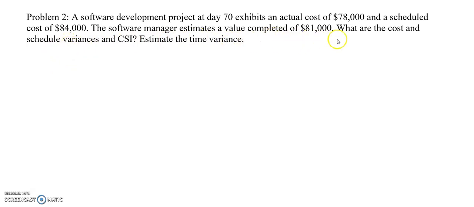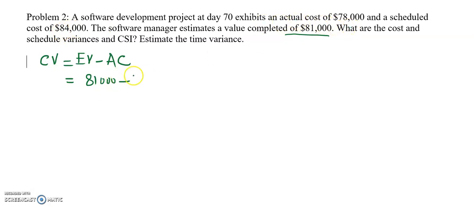So what we need to find is the cost and schedule variances. Cost variance is equal to earned value minus the actual cost. Earned value in this case is the value of the work completed, $81,000. Actual cost is $78,000.